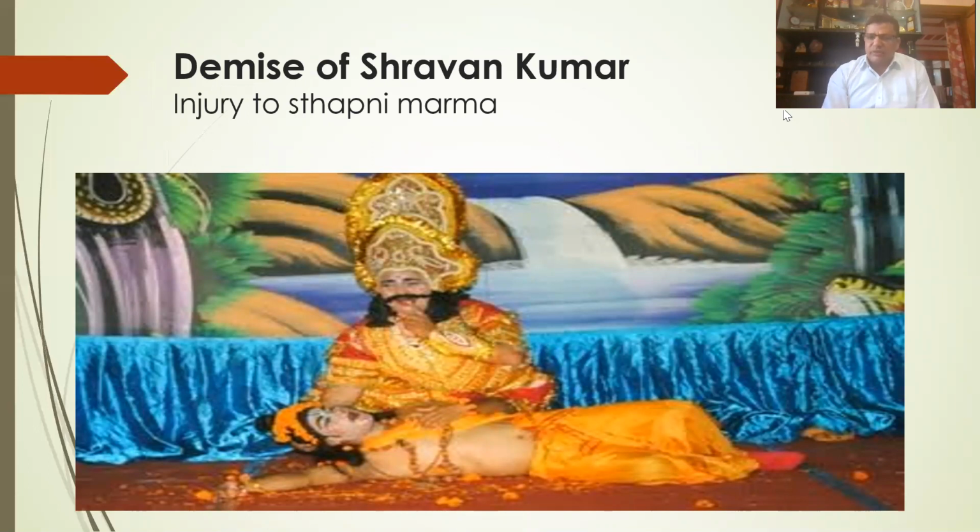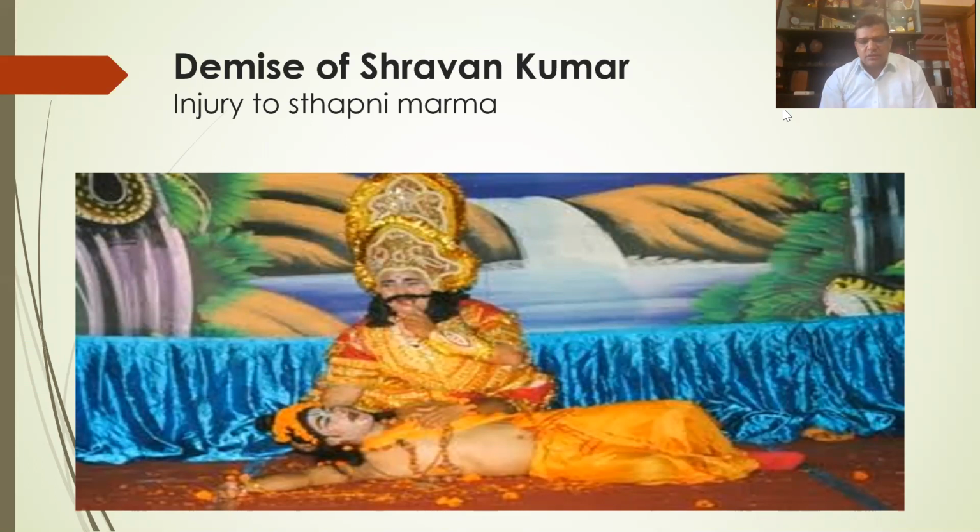Shravan Kumara was a very obedient son of his parents. As you all know, in Hindu mythology it is mentioned that he was on a holy tour with his father and mother, and during that tour his father asked for a drink of water.